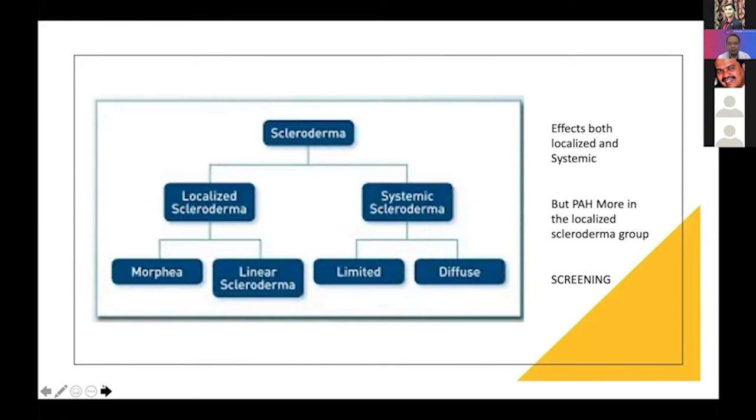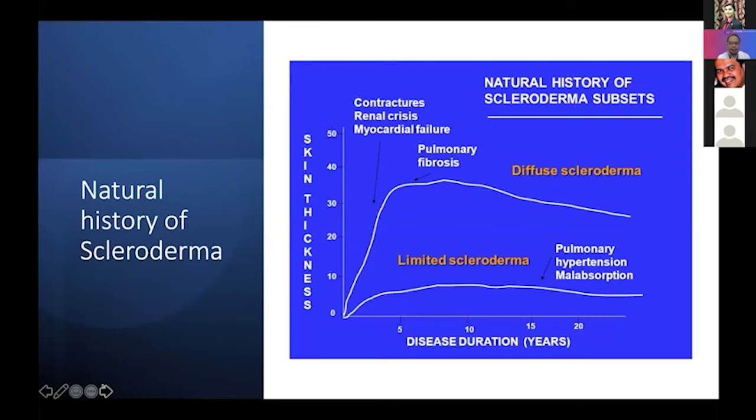We see pulmonary hypertension secondary to lung disease more in diffuse scleroderma. So understanding the natural history of scleroderma is important. If you have diffuse scleroderma, you might have pulmonary hypertension from secondary pulmonary fibrosis, and if you have limited scleroderma, your pulmonary hypertension would most probably be pulmonary arterial hypertension.